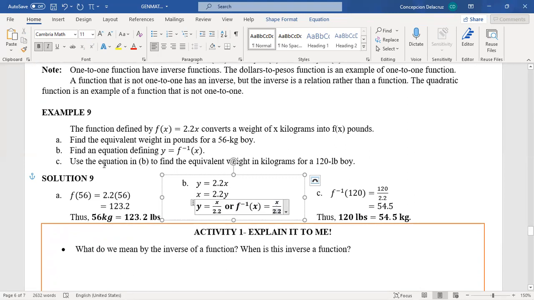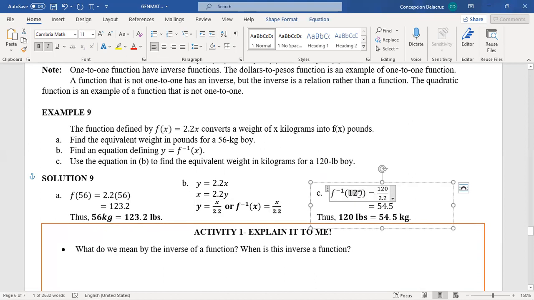The next one is to use the equation in B to find the equivalent weight in kilograms of 120 pounds. So we substitute the value of the 120 pound boy. For f inverse of x, the x value is 120. Substitute to the equation x over 2.2, replacing x with 120, since that is the value we are looking for.